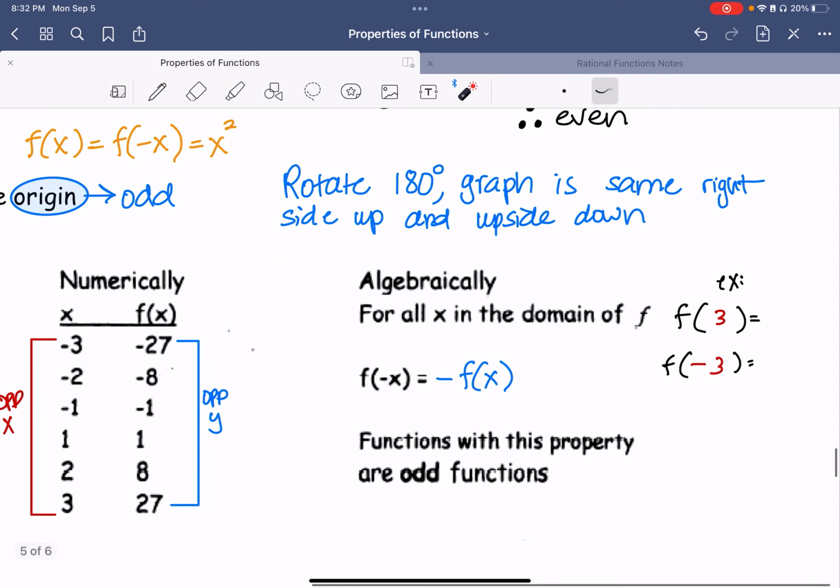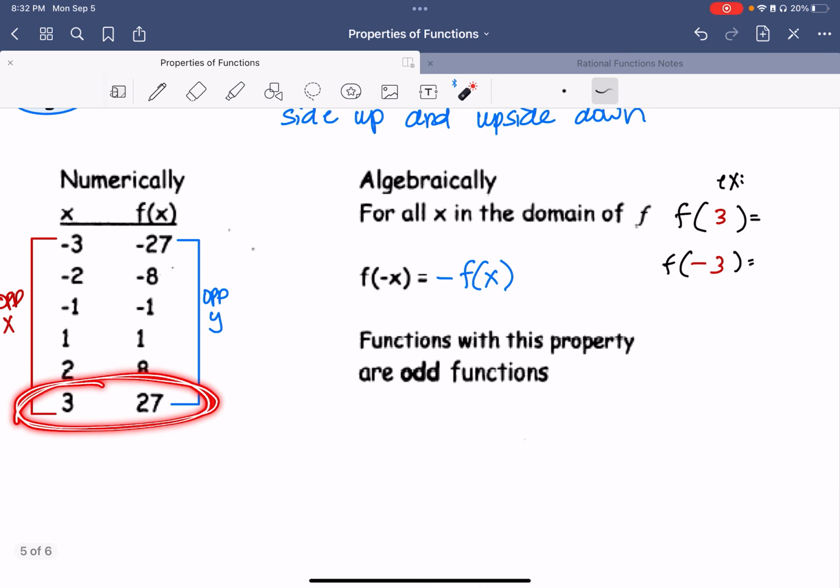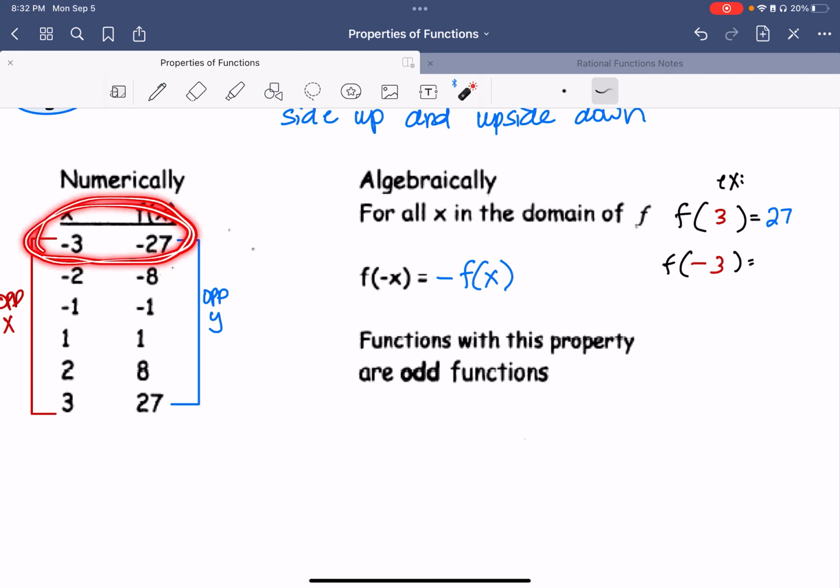F of 3 on the table gives you a positive 27, but f of negative 3 gives you a negative 27. Notice that if this negative sign was not there, these y values would be equal to each other. They would both be 27, regardless of whether 3 or negative 3 were placed into x.